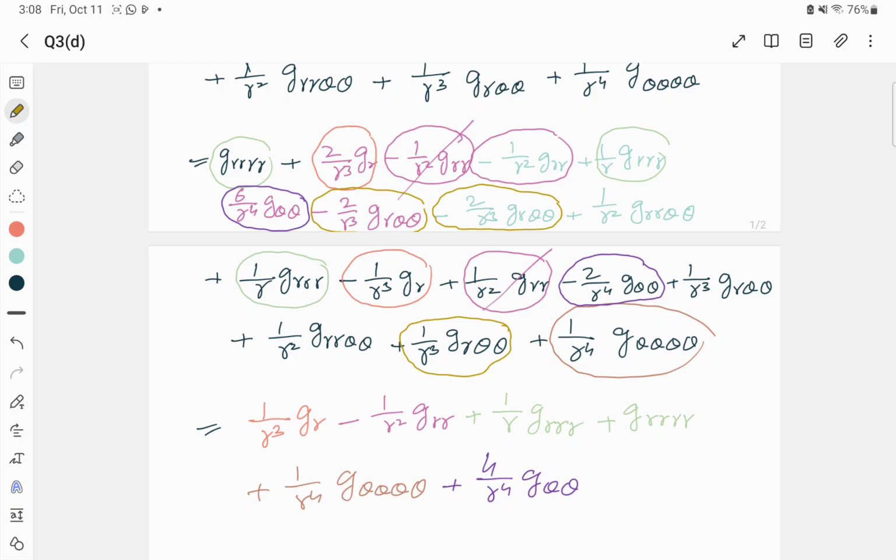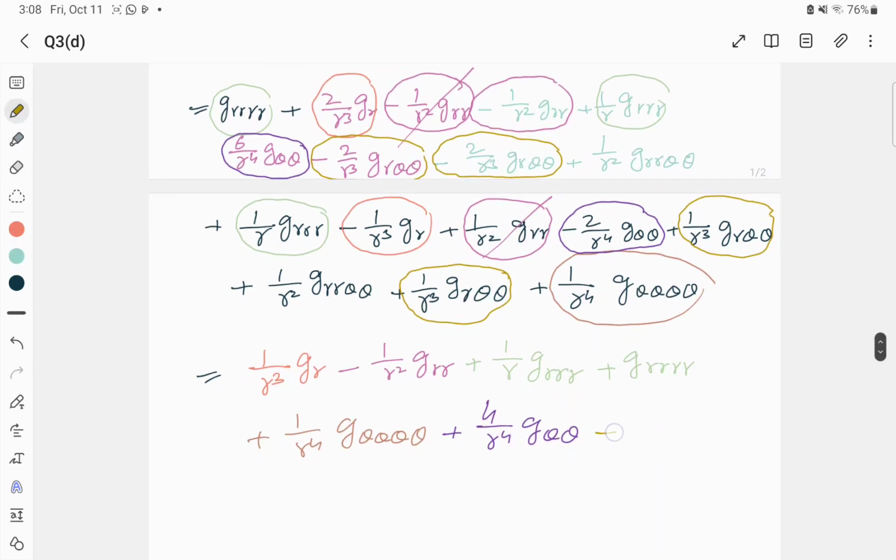So these are the 3 terms, and again here is double theta and single r. If I combine these 4 terms, so this is minus 2 minus 2 minus 4 and plus 1 and plus 1 from here, it will become negative 2 over r cubed g double theta and single r. Instead of writing r theta theta, we can of course switch them, so this can be written as g theta theta r, because I want to write in a nicer pattern.